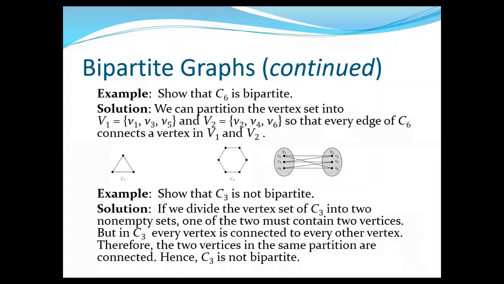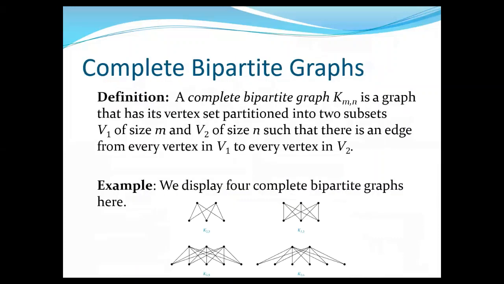Okay? Now let's move on to the complete bipartite graph. A complete bipartite graph, K m,n, is a graph that has its vertex set partitioned into two subsets, V1 of size m and V2 of size n, such that there is an edge from every vertex in V1 to every vertex in V2. So we have two groups, an m-vertex group and an n-vertex group.